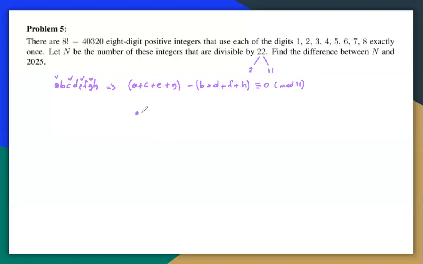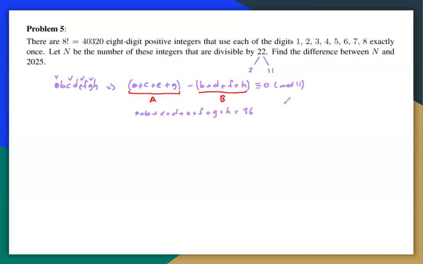So A plus B plus C plus D plus E plus F plus G plus H is 36. But now we don't really have much other than these two. There are 8 variables, which doesn't look fun, but let's say this sum is equal to something, and this other sum is equal to something else.